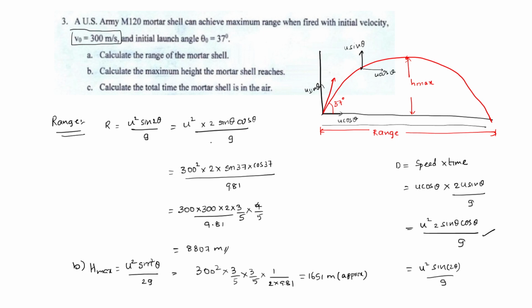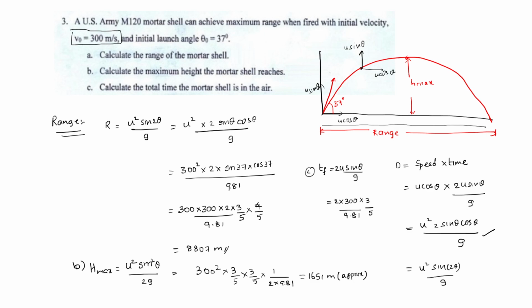And the final question we got is to calculate the total time in the air. That is given by time of flight equals 2u sin theta by g. So that is 2 times 300 times sin 37, which is approximately 3 by 5, divided by 9.81.